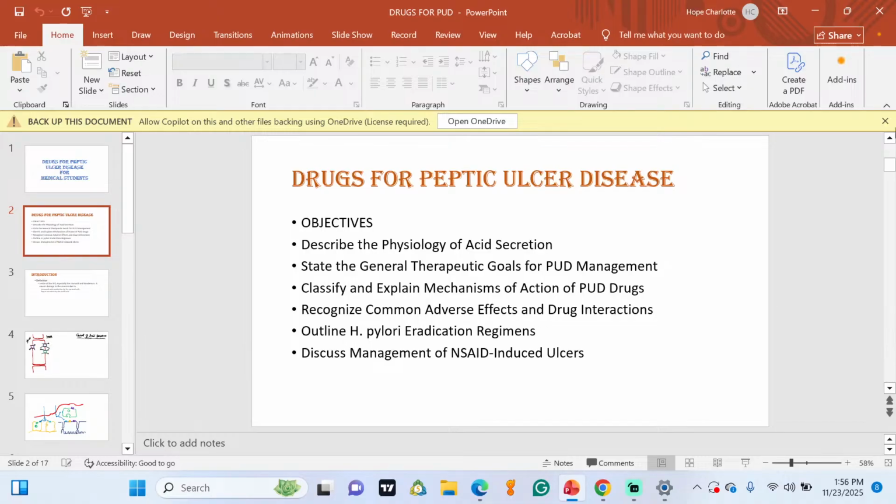At the end of the lecture, students should be able to describe the physiology of acid secretion and how it is implicated in peptic ulcer disease, state the general therapeutic goals for peptic ulcer management, classify and explain mechanisms of action of antipeptic ulcer disease drugs, recognize common adverse effects and drug interactions, apply H. pylori eradication regimens, and discuss the management of NSAID-induced ulcers.